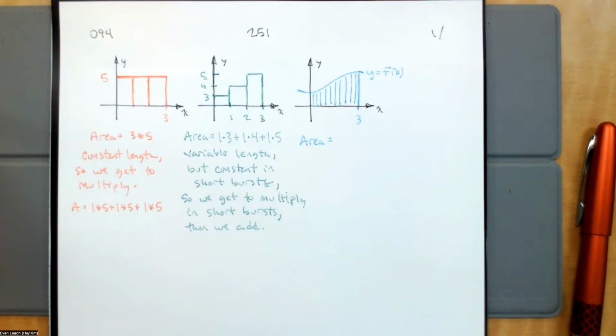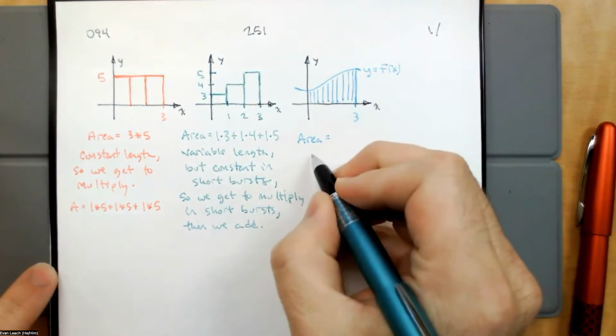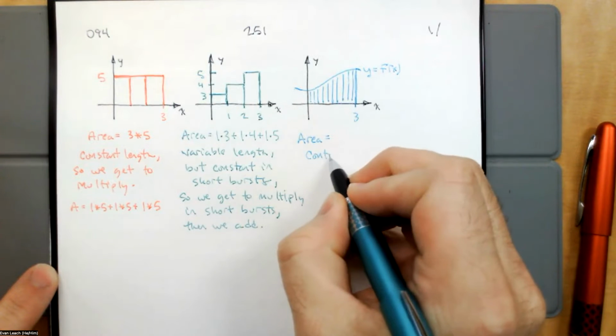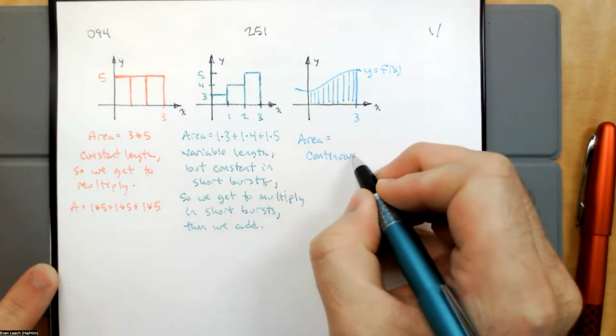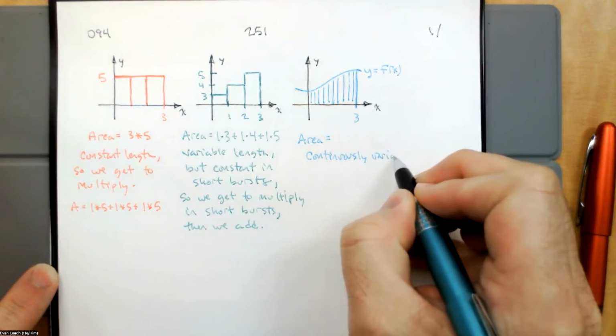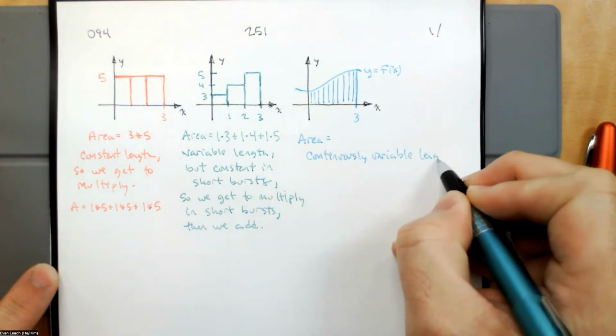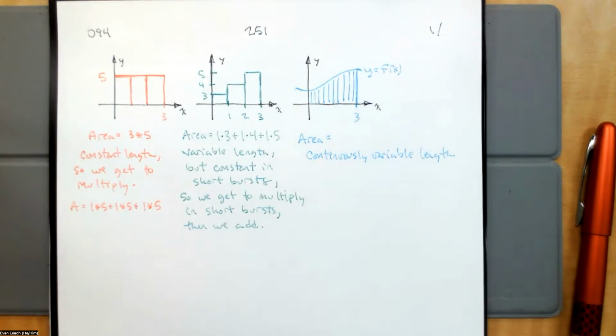In the third picture, we go one step further in complication. The length is not just variable, it's continuously variable. So the third case is the final form of multiplication, a continuously variable length.